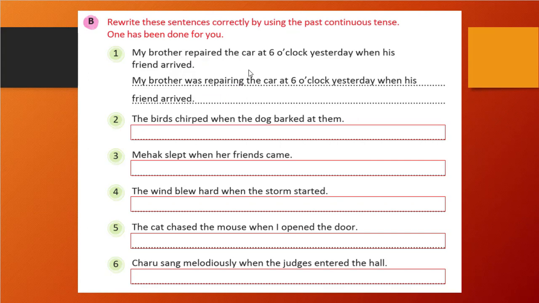So let's see, that is our question 2. You see, the birds chirped when the dog barked at them. Here you see two things are happening: chirp and bark. The dog is barking and the birds are chirping, right? When the dog barked, that action already happened, so it will not get changed. Barked will remain the same, in the past.